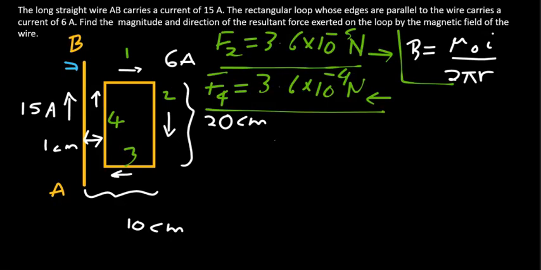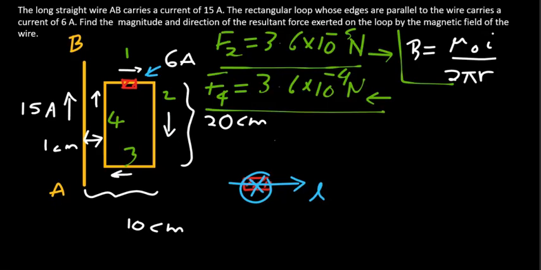Now let's look at segments 1 and 3. Let's concentrate on 1 first. Let's look at one small differential segment along segment 1. The segment looks like this. The direction of the current in segment 1 is going like that. The direction of the magnetic field due to that long wire at this differential segment on segment 1 is going into the board.